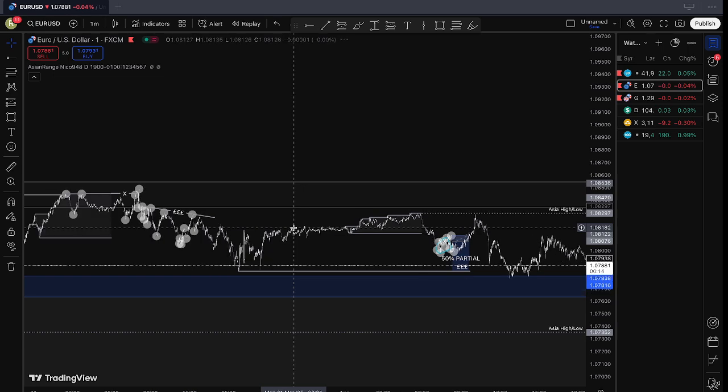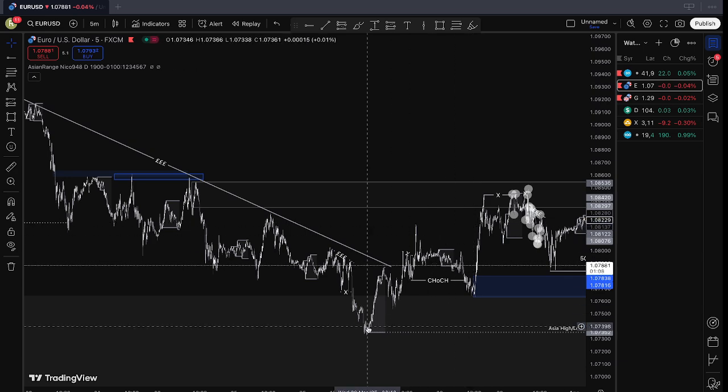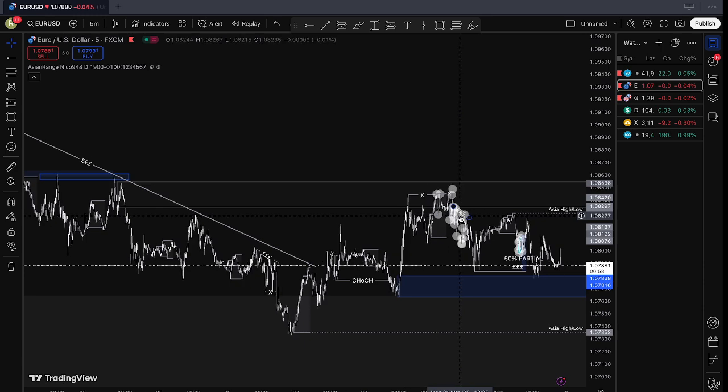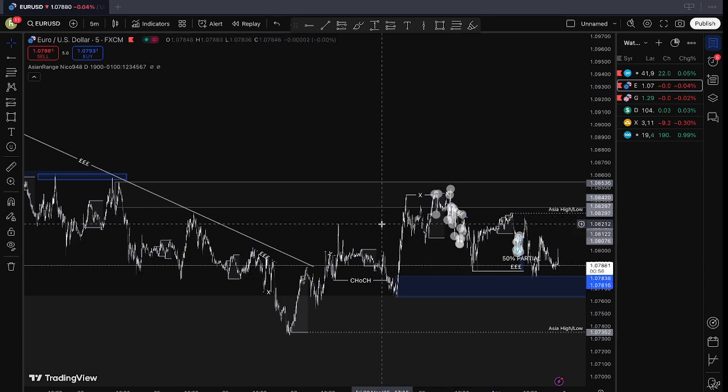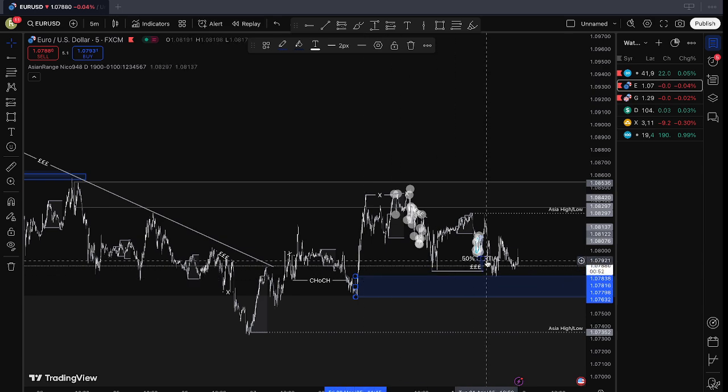Well, let's look at the 5 minute actually. Obviously, after tapping in, it's pushed up. I guess you can see it's chopped to the upside, showing signs of bullish pressure. And then I've had this zone marked out, which currently is respecting.